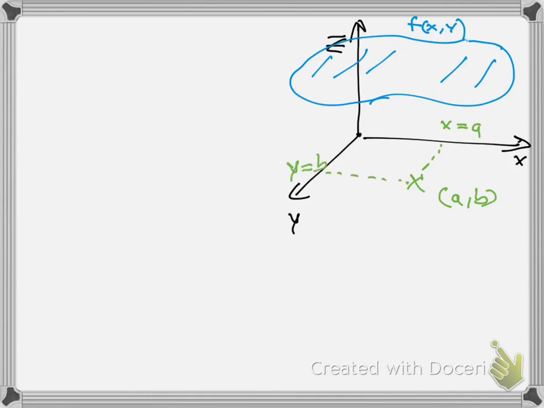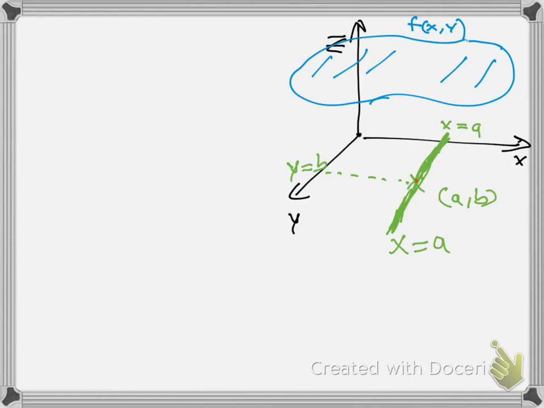What I'm going to do now is fix x, so x is going to be equal to a. Here, this is the line x equal to a. Now we can take the image of this line by the function f.